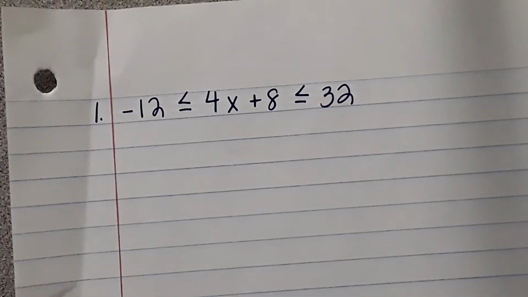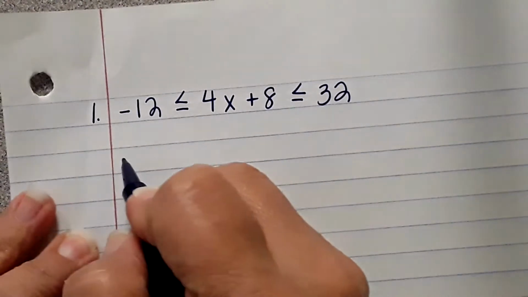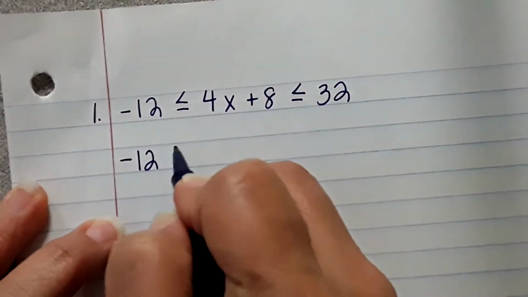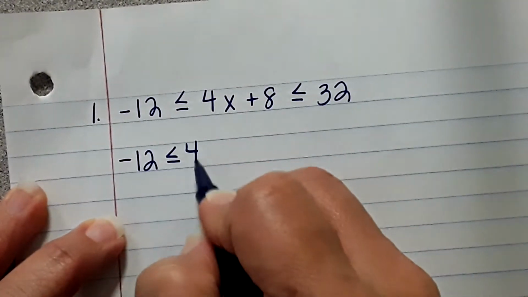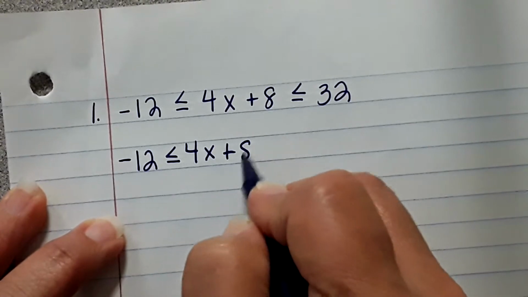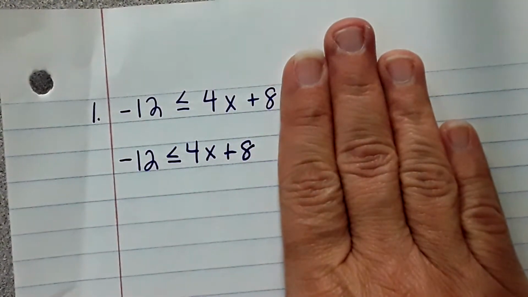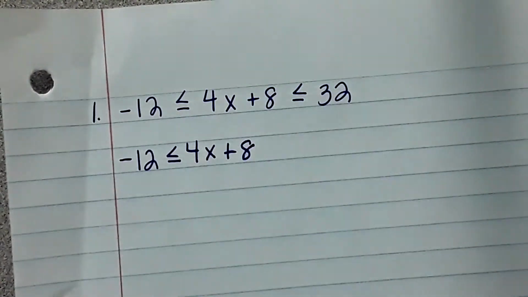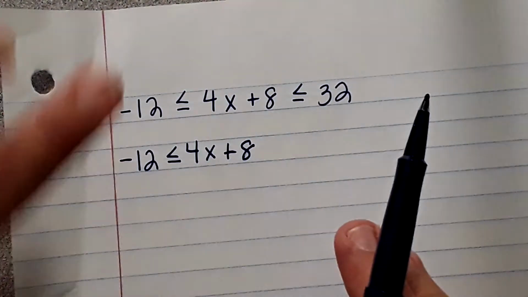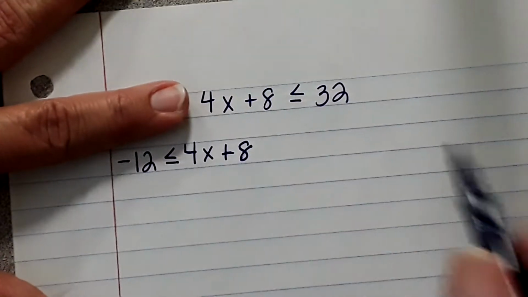So we have two equations. We have -12 is less than or equal to 4x plus 8. That's the first part, right? We're going to act like the 32 is not there. Then we're going to set up another problem, and we're going to act like the -12 is not there.